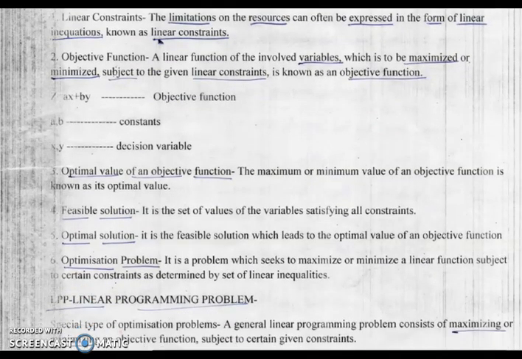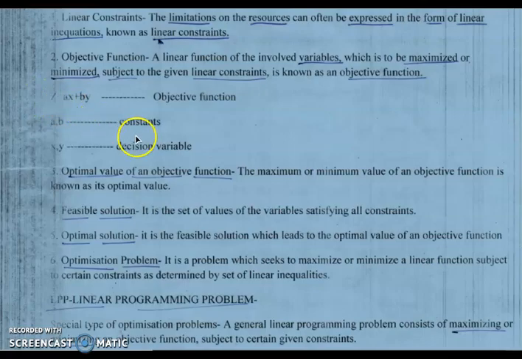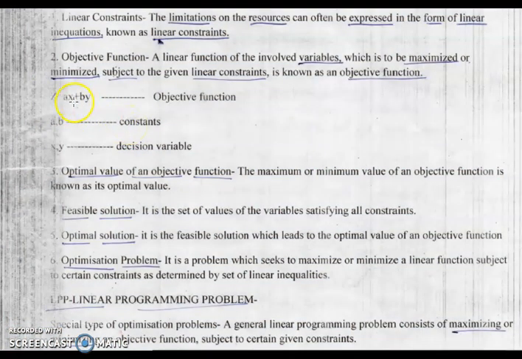A linear function of the involved variables which is to be either maximized or minimized subject to the given linear constraints is known as the objective function. In z equal to ax plus by, this line we call the objective function, and a and b we call the constraints, and x and y we call the decision variables.